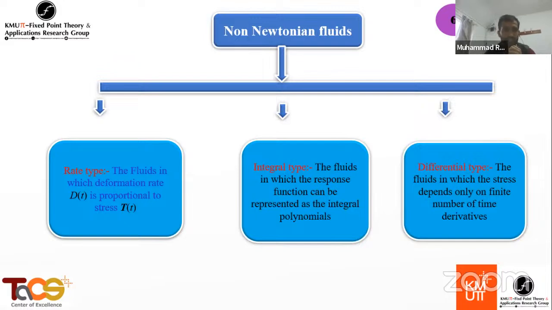The fluid in which the deformation rate is proportional to the stress is known as rate type fluid. The fluids in which the response functions can be represented as an integral polynomial are known as integral type fluids. The last one is differential type fluids, in which the stress depends only on a finite number of derivatives.